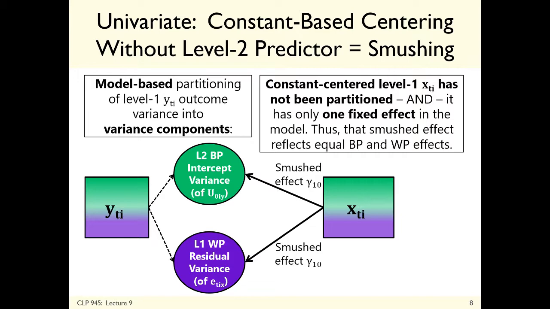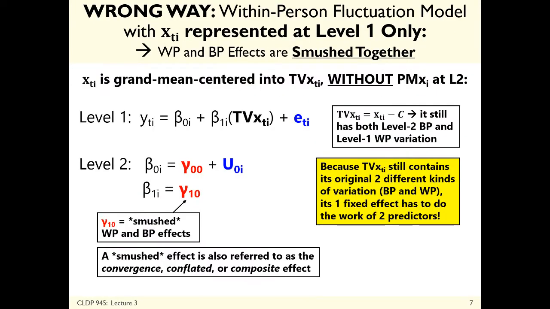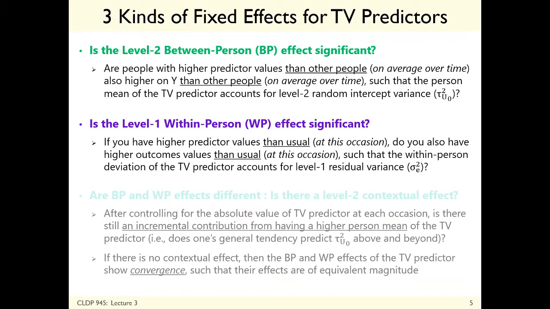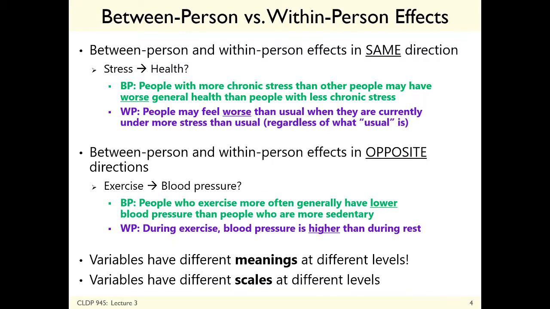So you mentioned like 2 slides before that the between person and the within person effect can be in the same direction or in the opposite direction. Sure. So when you smush them together, those effects can be interpreted in the wrong direction. Oh, it's meaningless.